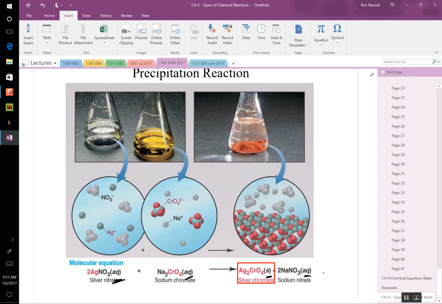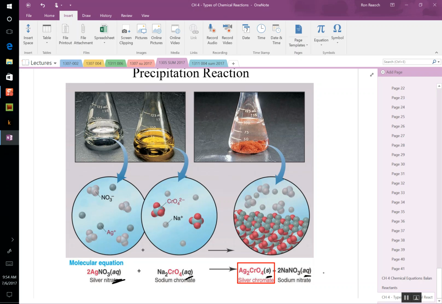It's clear and colorless. You could see your hand through that solution. It looks like water. If I had a glass of silver nitrate sitting here and a glass of water sitting here, you wouldn't really know the difference based on appearance.